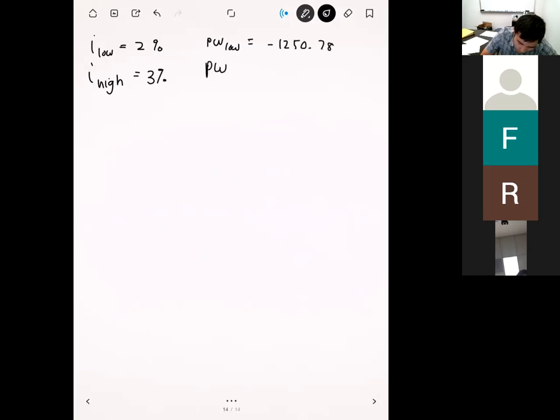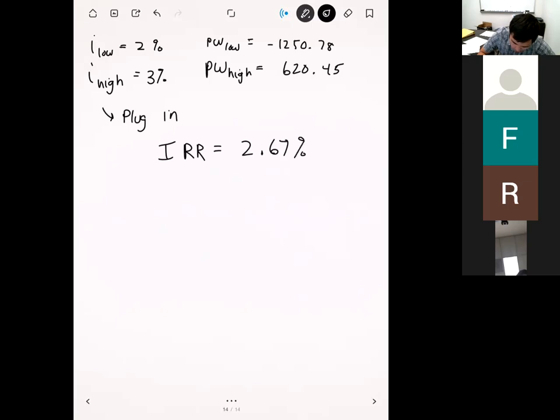And then PW high is a positive 620.45. Okay. And so we plug all that in. And what we get is an internal rate of return of 2.67%. Okay. And so that's the rate of return of this problem.